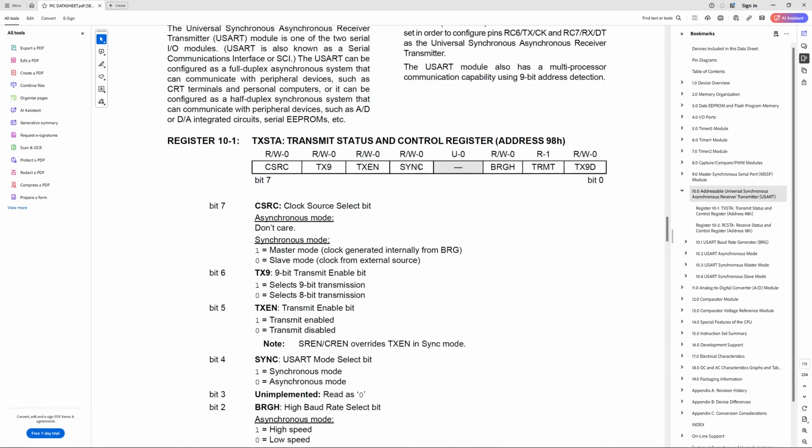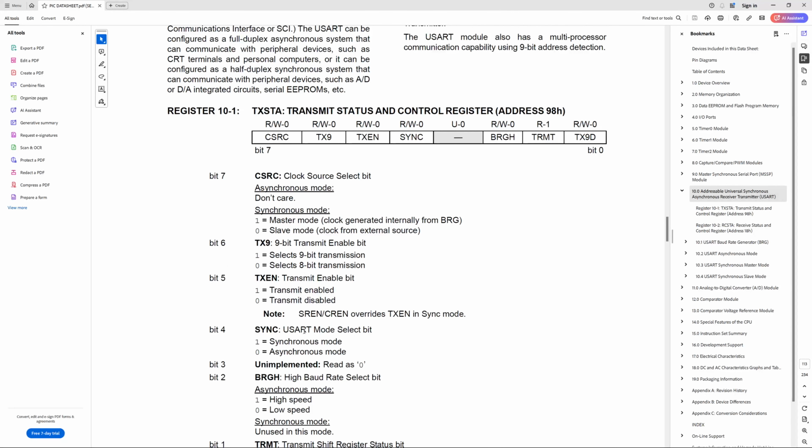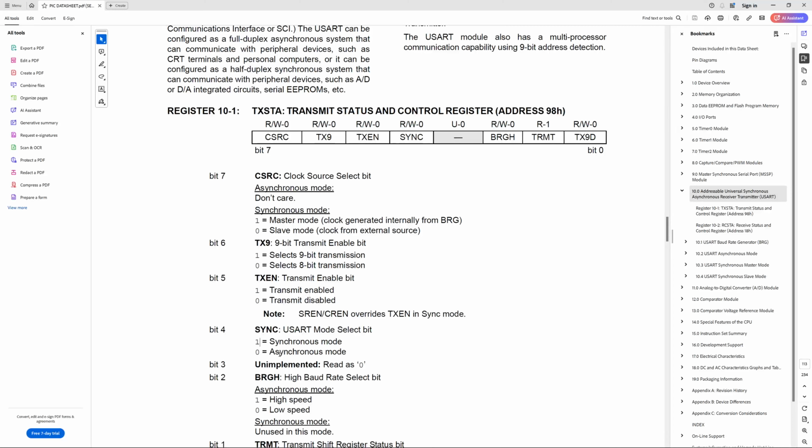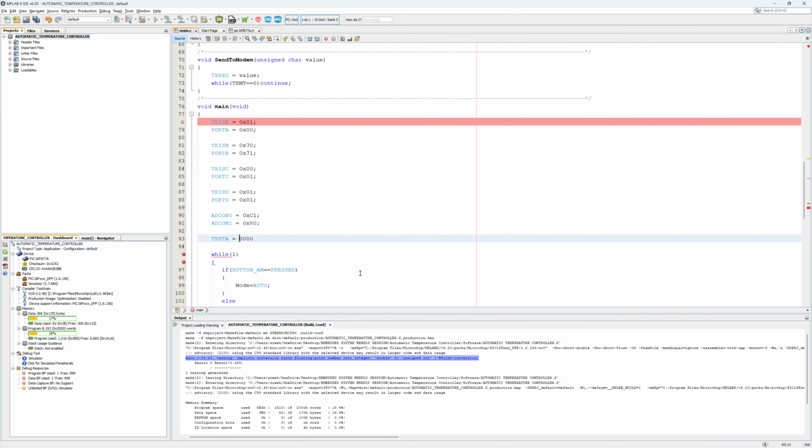Now we have SYNC. What is SYNC? SYNC is the UART mode select bit. We need asynchronous mode, so you keep 0, or else you keep 1 if you are using synchronous mode. In the beginning itself I told that we are using asynchronous mode. So what do we have to keep? We have to keep 0.